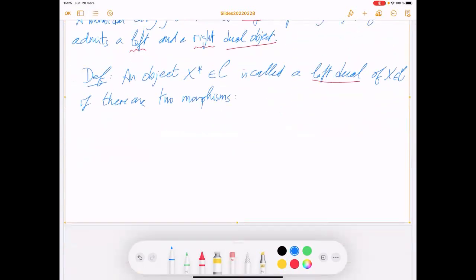The first is the evaluation morphism ev X from X star tensor X to 1, and the second morphism is called co-evaluation, which is in some sense a dual notion.